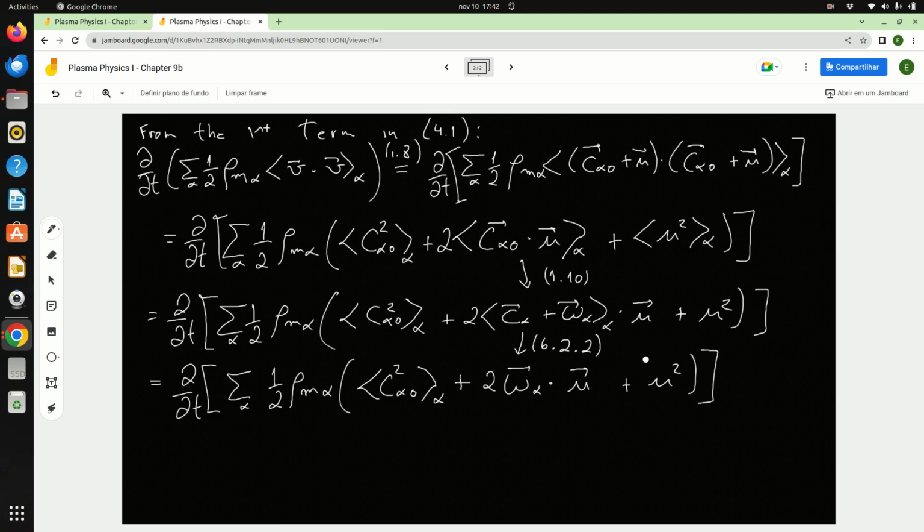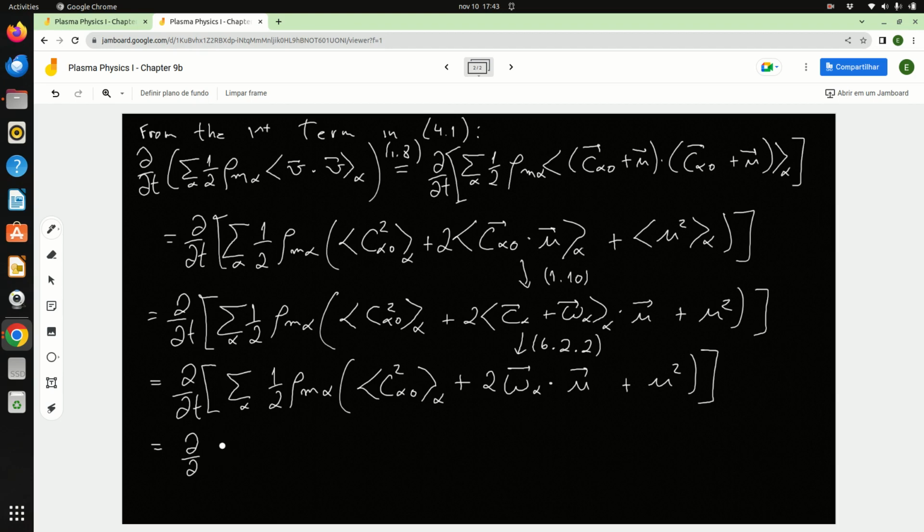And now there's another step in the book. You go from here, and in the book you end up in this expression. In my edition it's on page 225, just before equation 4.2, you have this expression here.